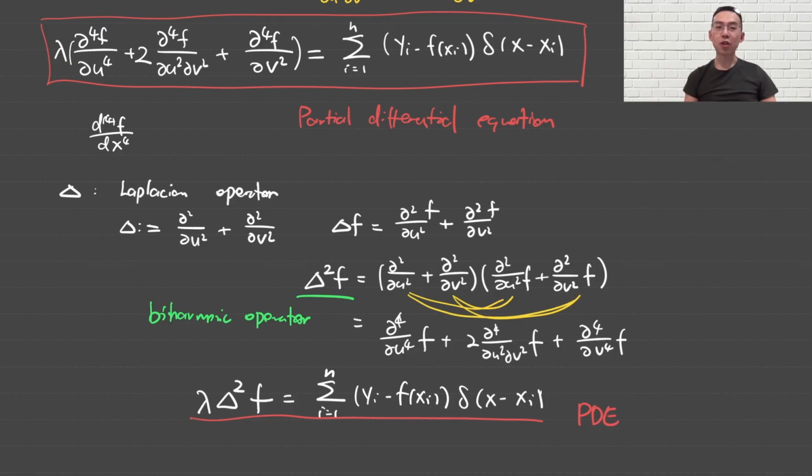Then maybe at the back of the video, as an optional part, I can check the solution to show that the kernel function indeed solves this PDE. But that is really not related to statistics. It's just pure algebra for those of you who are interested. If you just care about application, feel free to skip that part.